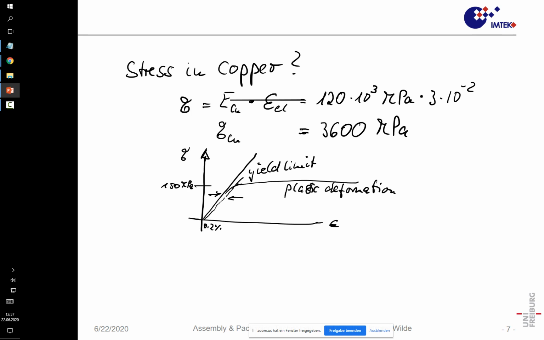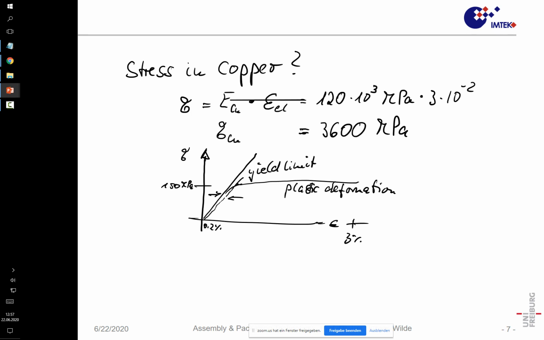On the other hand, if we reach here something like 3%, it could still survive, but it doesn't survive the cycles afterwards, because in every cycle we get a small increment of plastic strain, and finally this cyclic strain sums up to a value which is beyond the fracture limit.